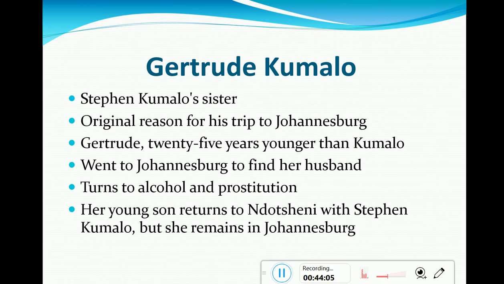And then when Stephen Kumalo asked her, "Where is your son?" she wandered around. By wandering around, it means that she didn't even know the whereabouts of her son. When the son came, he looked unkempt and uncared for, which shows and supports the fact that she was an unfit mother who was not taking care of her son.